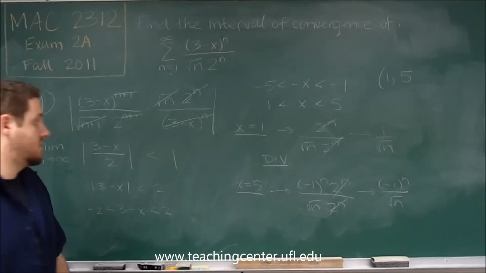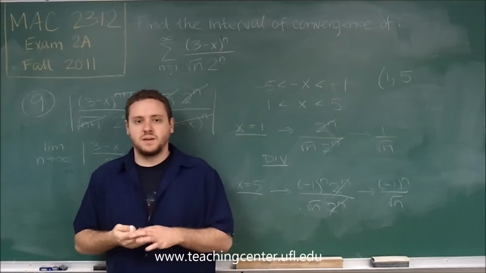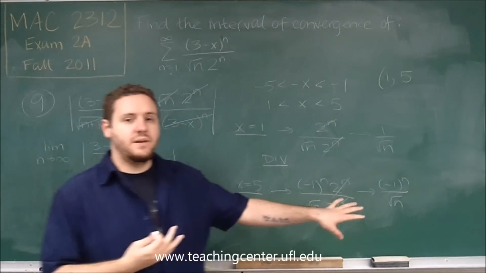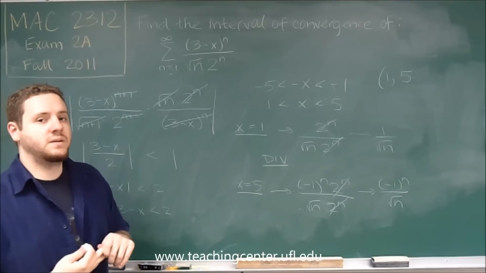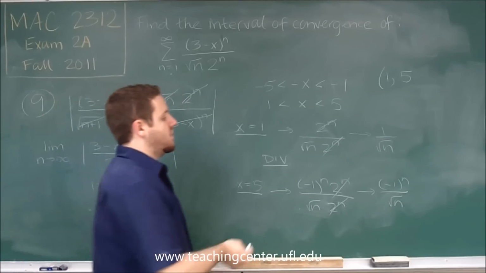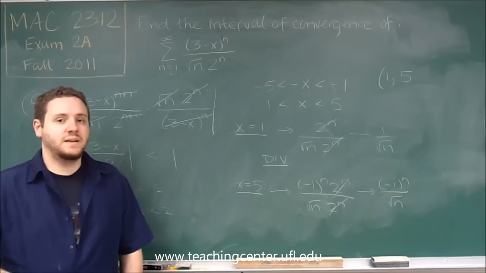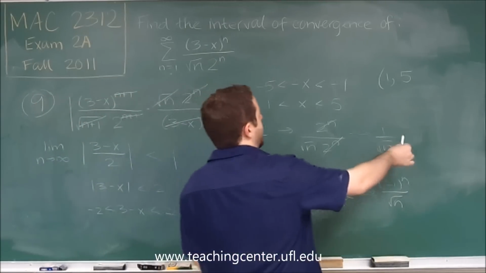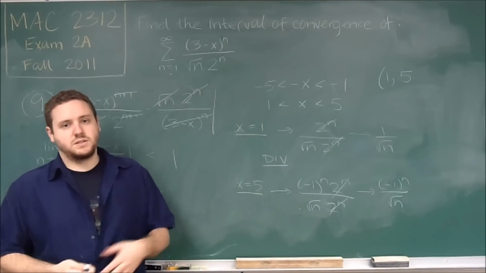That's a big difference, because remember, for the alternating series test, the restrictions are much less. So this will converge if the 1 over square root of n is always decreasing and the limit goes to 0. So is 1 over square root of n always decreasing? Definitely, because as n gets larger, the square root of n gets larger, and if the denominator is getting larger, the series is always getting smaller.